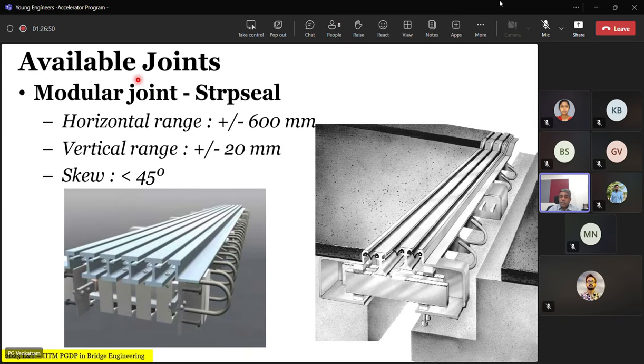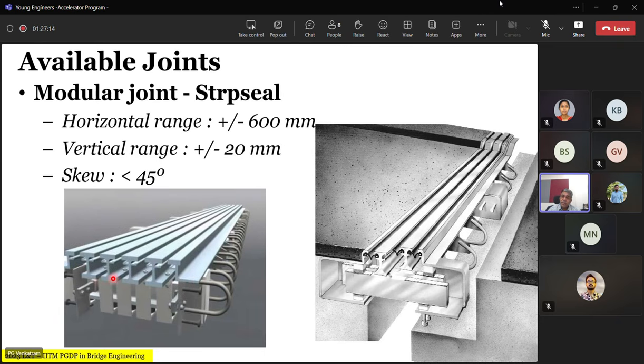But it has a problem. It has a mechanical component, which, for slow movements like temperature, creep and shrinkage, must make sure that the gap between these modules is uniform. There is a mechanical arrangement there, and therefore it has to be periodically inspected and replaced.